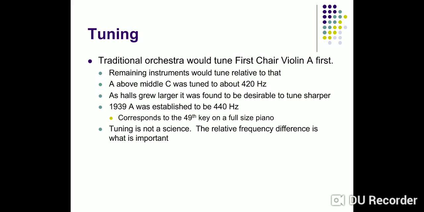As halls grew larger, it was found desirable to tune sharper, and in 1939 it was established to be 440 Hz, corresponding to the 49th key on a full size piano. According to that, the tuning of an instrument depends on its frequency, and tuning is not a science. The relative frequency difference is what is important.